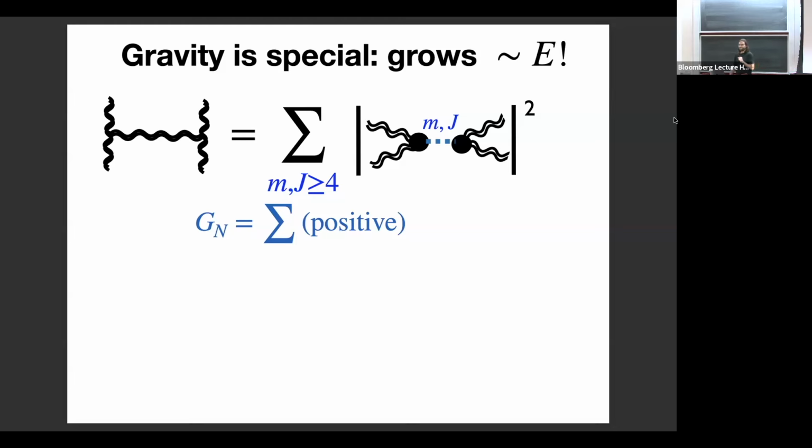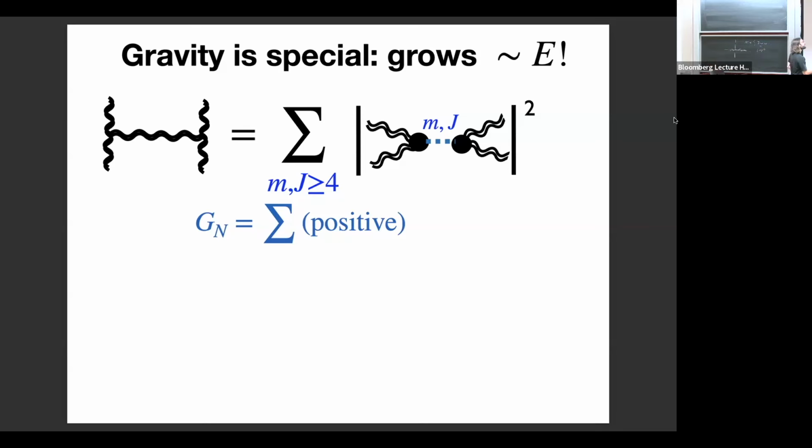Sorry, why is there a square? It's a square because in the context of S-matrix theory, you get in the Kramers-Kronig relation, you're expressing M as an integral of its imaginary part. And the imaginary part is related to M squared by unitarity. Thanks for the question.